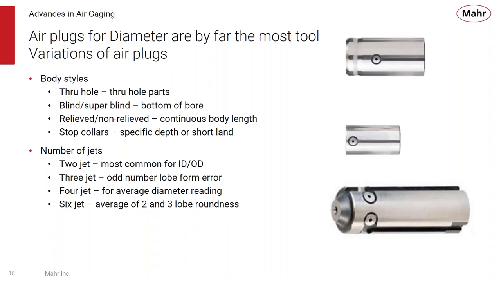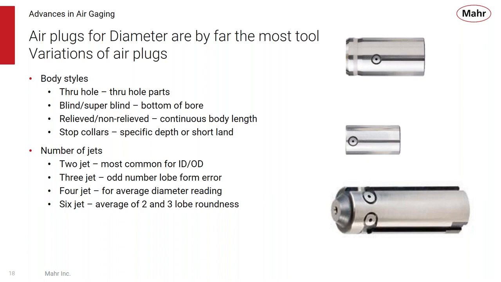You can put stop collars on your air plug to set the jets at a specific depth or to match up with a small land on the bore. And you can also get air plugs that have a 2-jet, which is the most common for IDs and ODs.